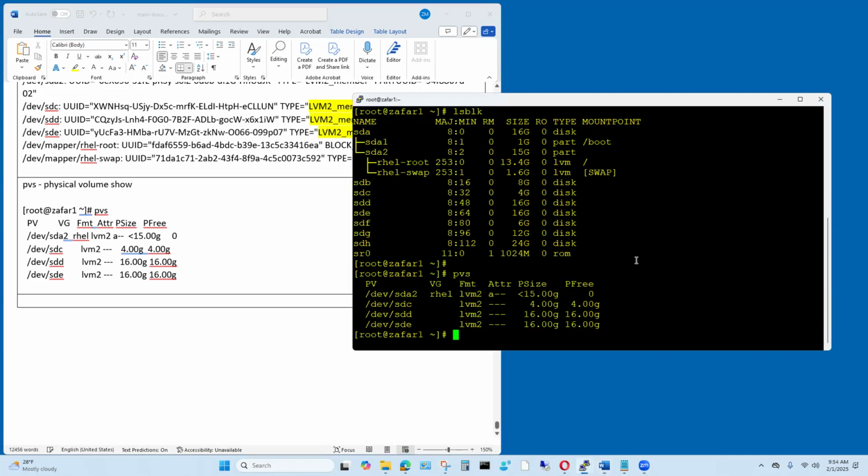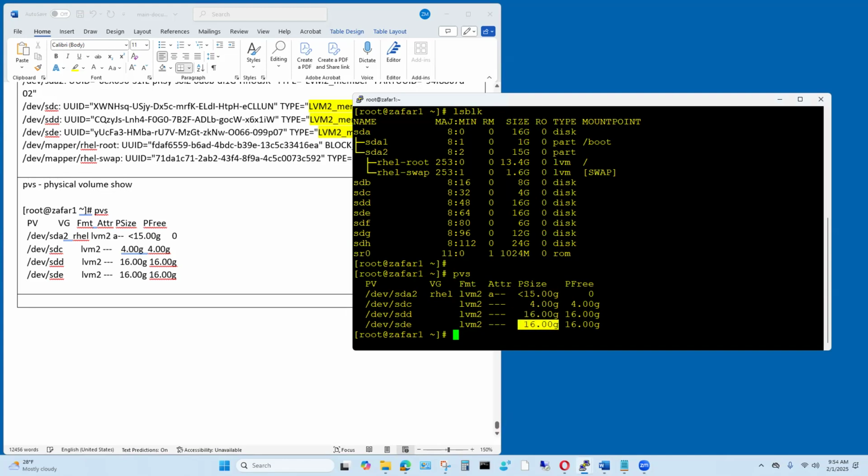In this scenario, we have three disks, C, D, and E, and then A2 is one of the physical volumes. This one is 16 GB, this is 4 GB, this is 16 GB, and this is 16 GB.